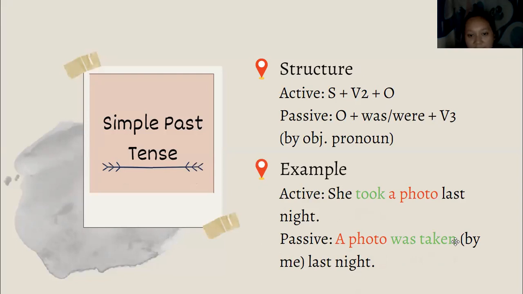The examples: the active one is I took a photo last night, and the passive is a photo was taken by me last night. But you can change the order, like a photo was taken last night by me, or a photo was taken by me last night. Okay, so let's jump to the next slide.